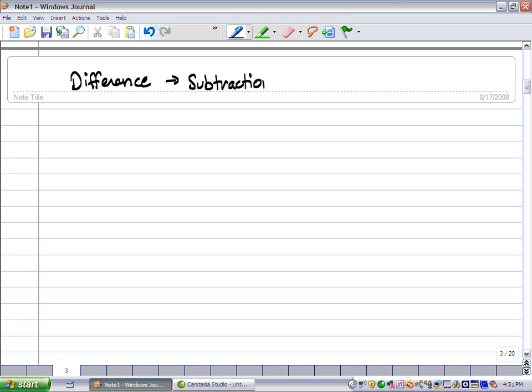If we talk about the total or the sum, we mean addition. If we're talking about things below 0, we mean negative.